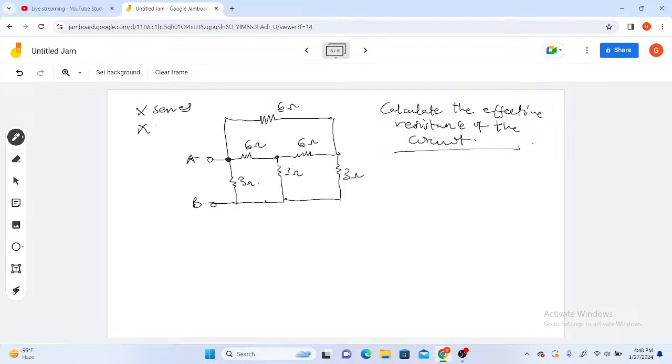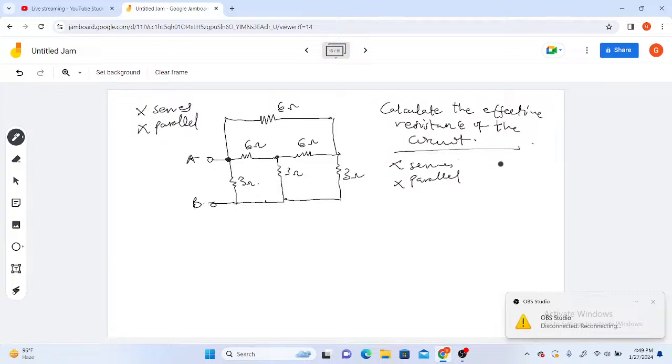They are also not in parallel. And that is where you remember the concept of delta-star transformation. Meaning that the 6 ohm, 6 ohm, 6 ohm are in delta arrangement. When we come down here, we realize that I have 6 ohm here and 3 ohm here. There is a node here, meaning they can be parallel, but they are not.